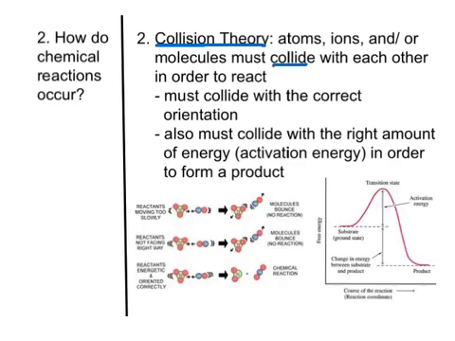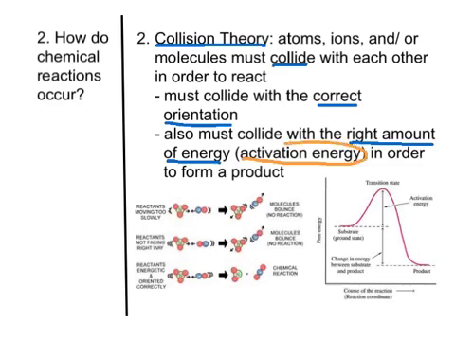So there's a couple of caveats to this. They have to collide, but they have to collide with the correct orientation, meaning that certain sides of the molecule have to bump into each other. And then they also have to collide with the right amount of energy, which is what we call activation energy.